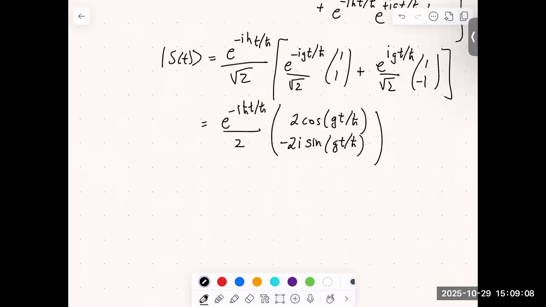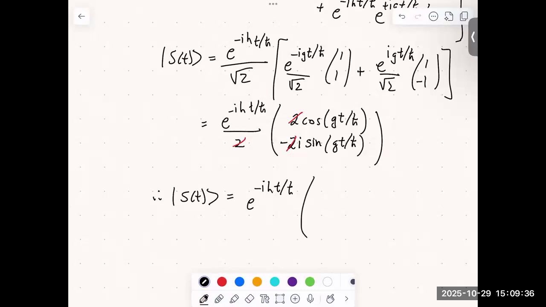So finally then, S of t is equal to, we'll cancel the 2's here, e to the minus i h t over h bar.